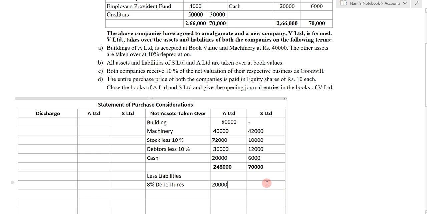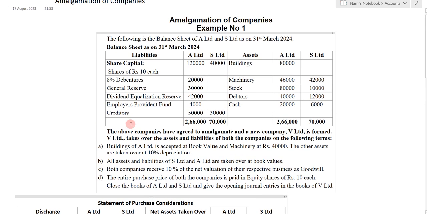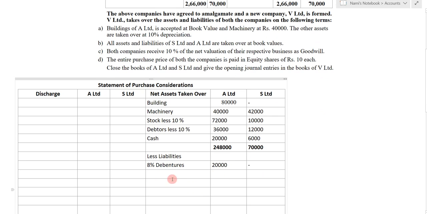For S Limited there are no debentures. Then employee provident fund 4,000.